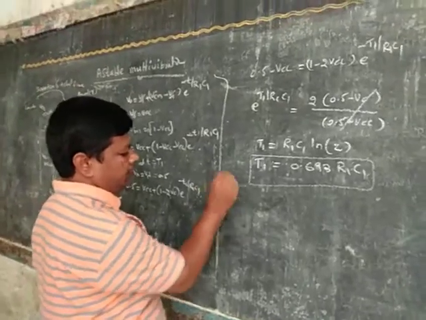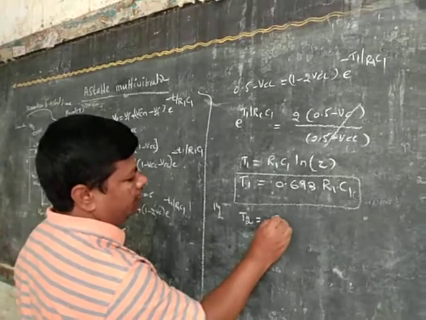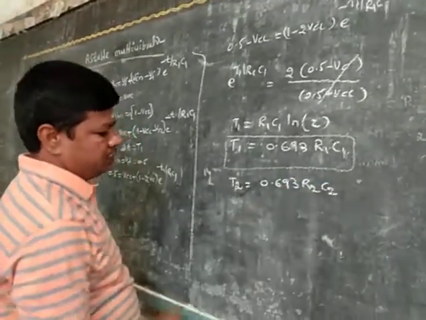Similarly, you can easily prove T2 is equal to 0.693 R2 C2.